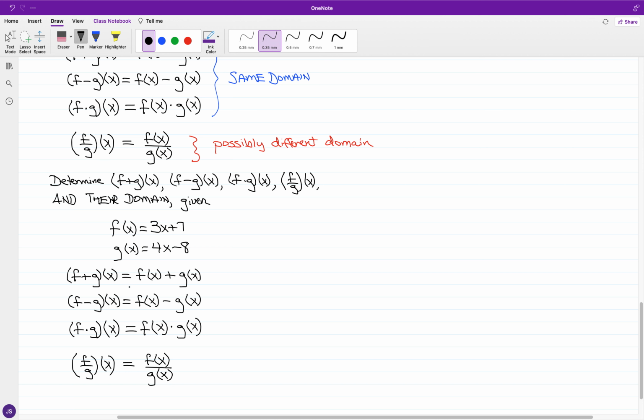Alright, so just looking at what we have for the functions. For f plus g of x, we have f of x plus g of x. So f of x we have as 3x plus 7, plus g of x, which we have as 4x minus 8.